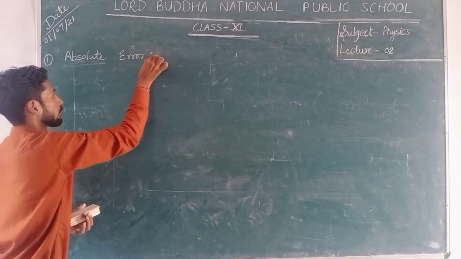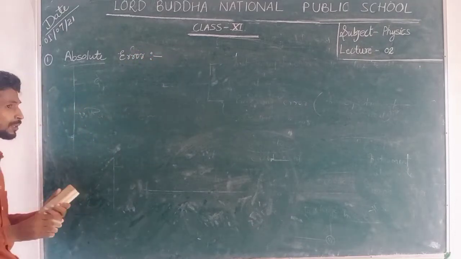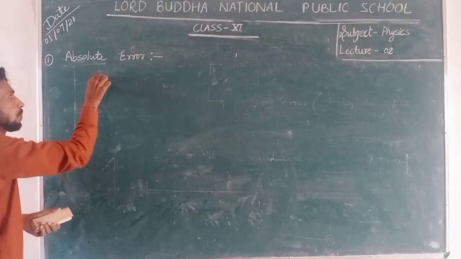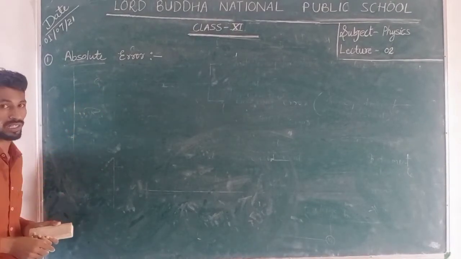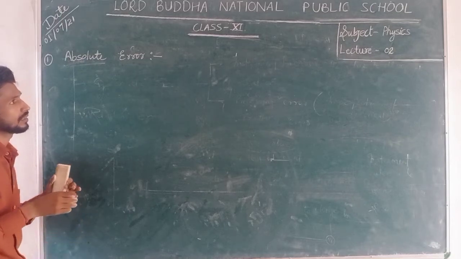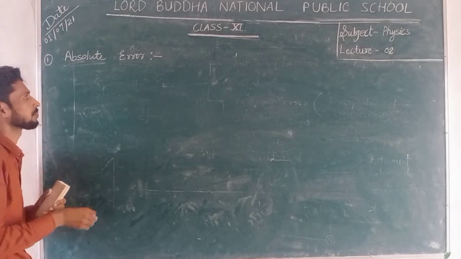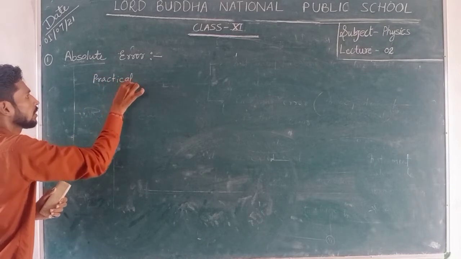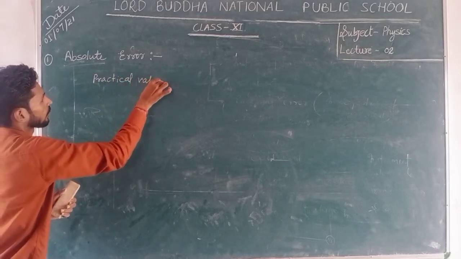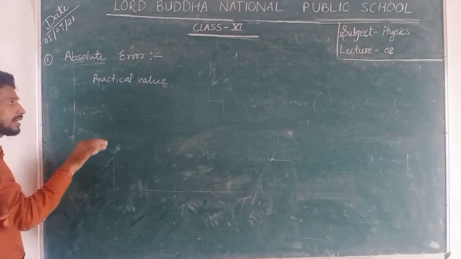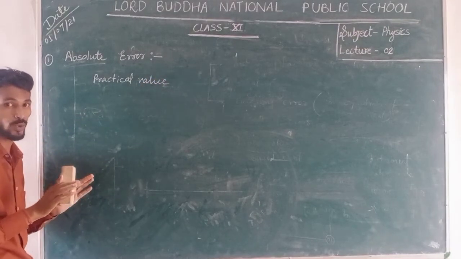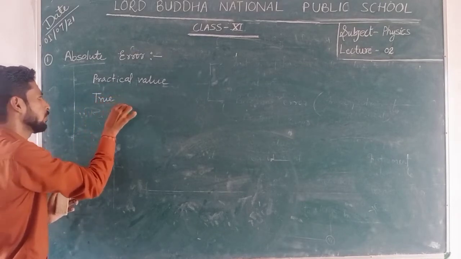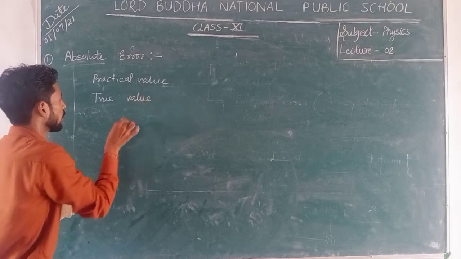Absolute error is: suppose that there is a measuring instrument which measures a physical quantity and we get a value, that is the practical value, and that physical quantity has a unique and perfect value, that is the true value.